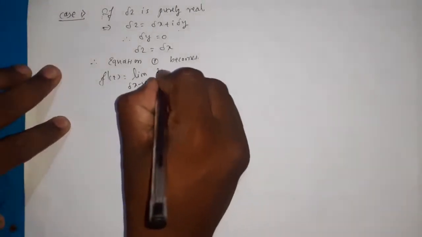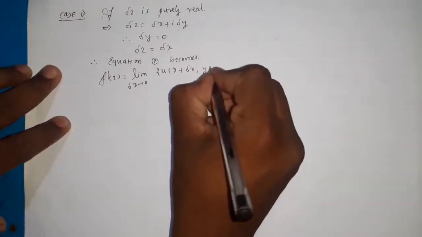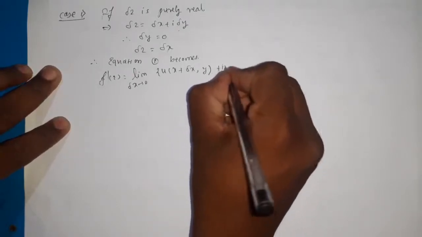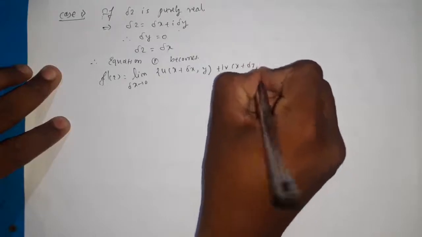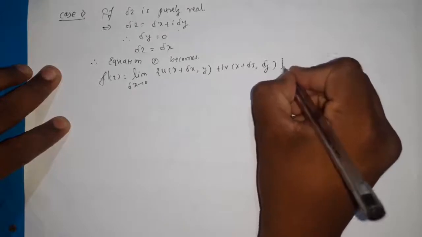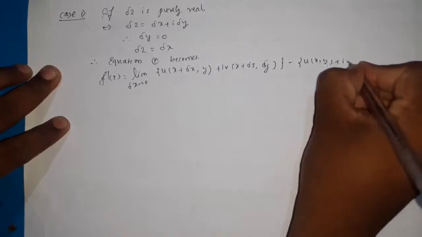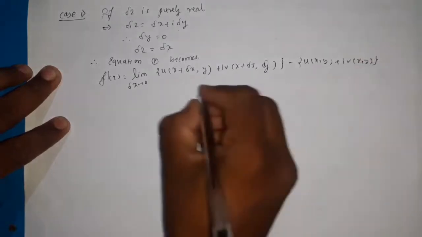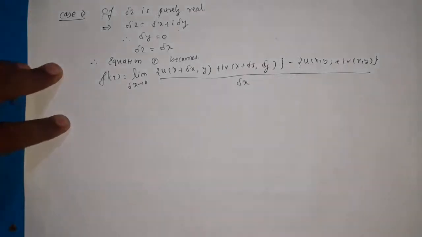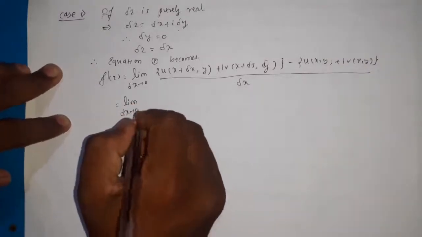Then u of x plus delta x comma y, because delta y is 0, plus I into v of x plus delta x comma y minus u of x comma y plus I into v of x comma y whole divided by delta x. Then it is equal to limit as delta x tends to 0.